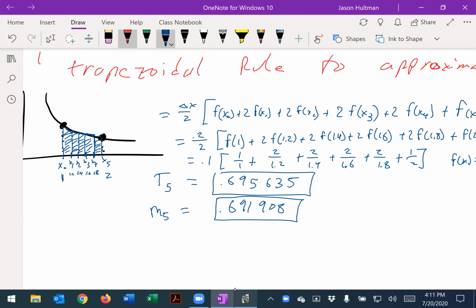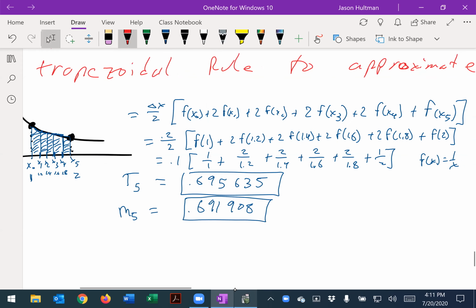That was the midpoint rule. And the actual value of natural log of 2 is equal to 0.693147, and the decimal goes on forever. I'm just rounding everything to 6 decimal places.